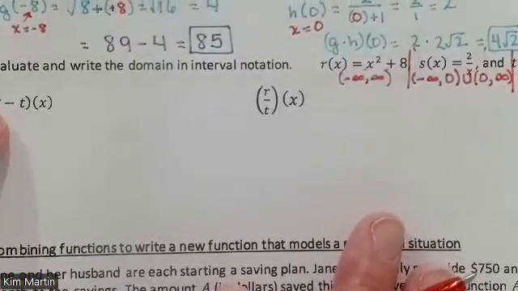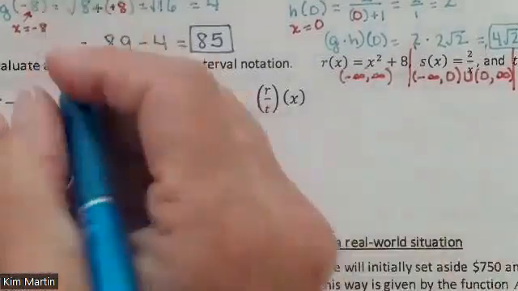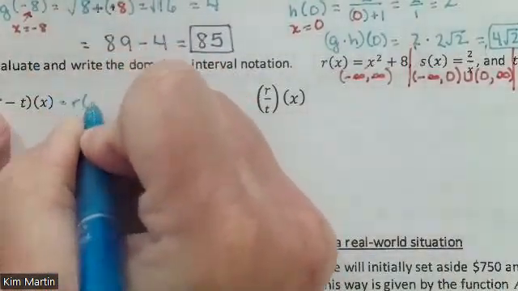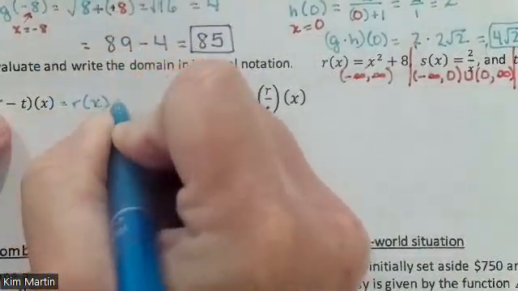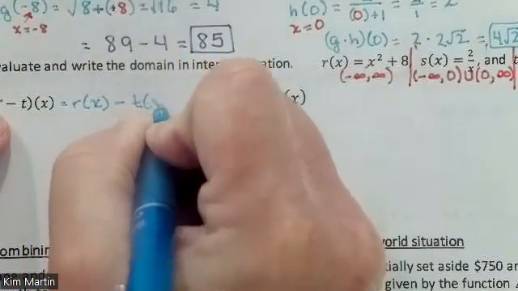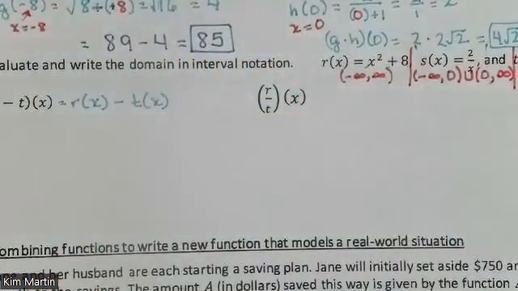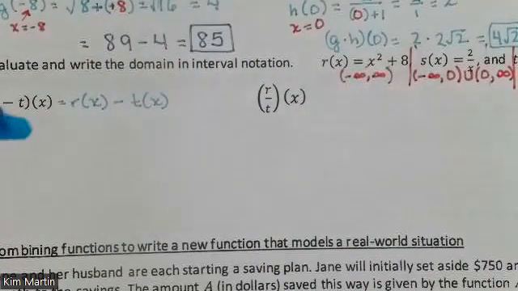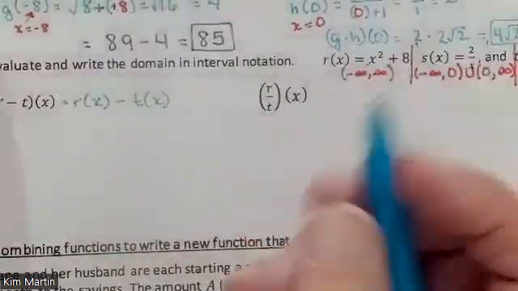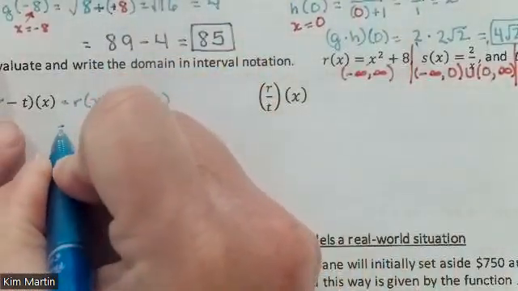So right now we're going to take our R of X and we're going to subtract our T of X. This is what I started to do up top, which would have been fine, and then plugged in -8, but the way I did it up top was easier.